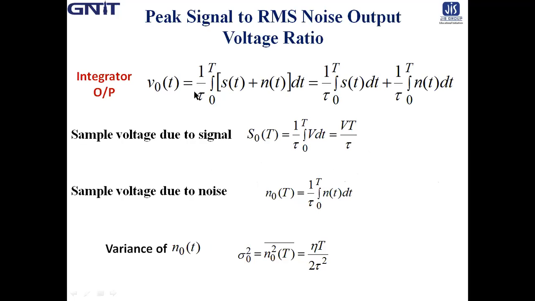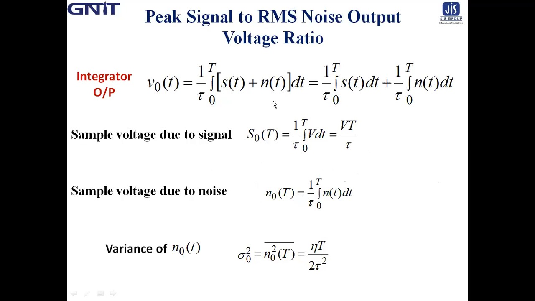Tau is the time constant, tau equal to RC. So it is the integral from 0 to t of (s(t) plus n(t)) dt. s(t) is the signal and n(t) is the AWGN noise.